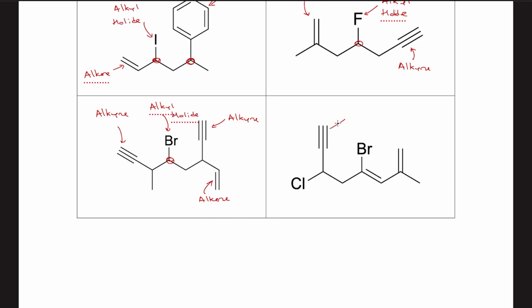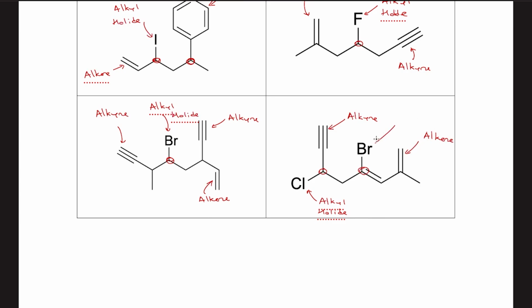And the last problem on this page, I again see an alkyne, I see an alkene, I see a halogen connected to an sp3 hybridized carbon, meaning that we do have an alkyl halide. But the last halogen is kind of a trick question. This is not an sp3 hybridized carbon.